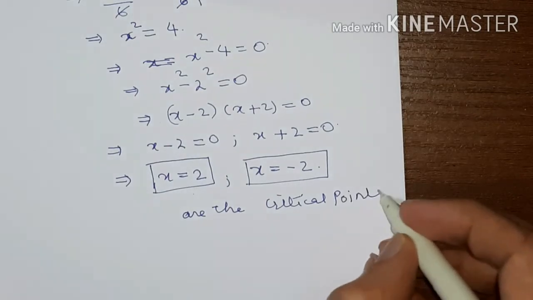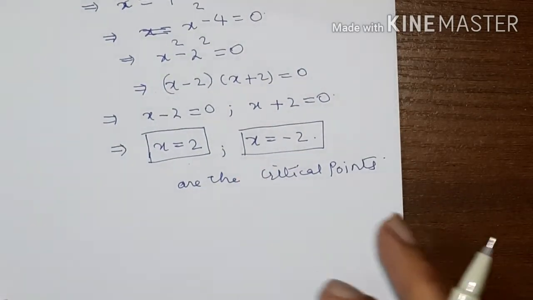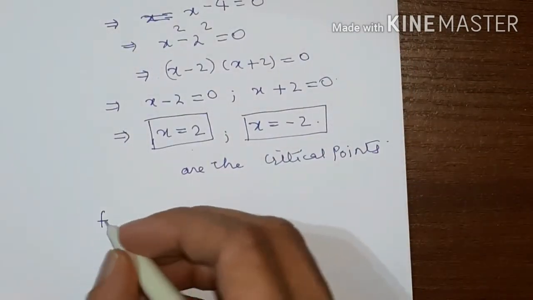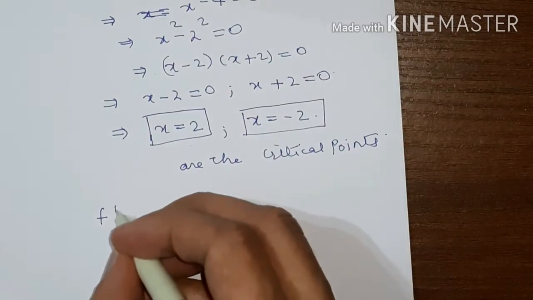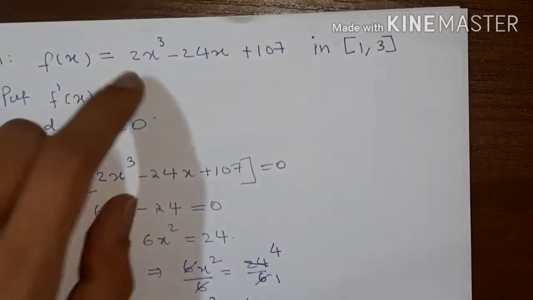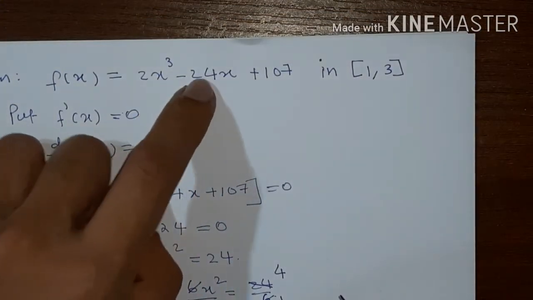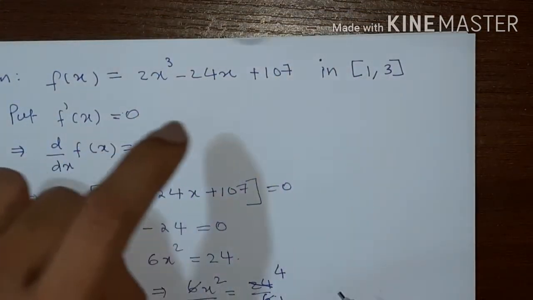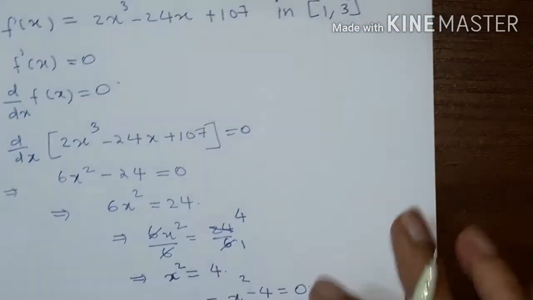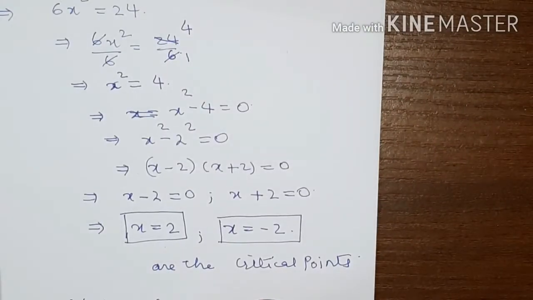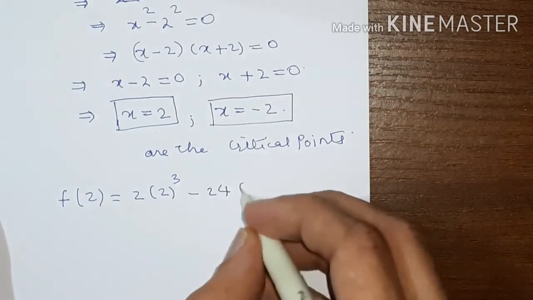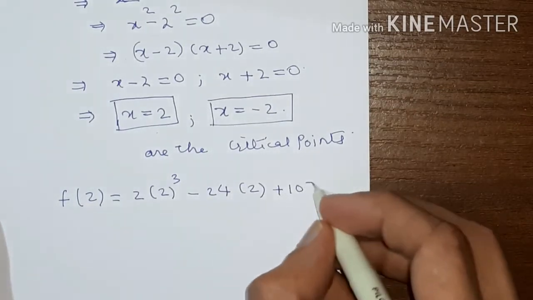Now at these critical points we have to find the value of the function. So f of 2 is what? Look at the function, it is 2x cube minus 24x plus 107. Just substitute x equal to 2 in this. You will get 2 multiplied by 2 cube minus 24 multiplied by 2 plus 107.